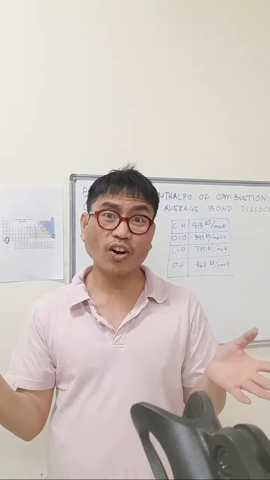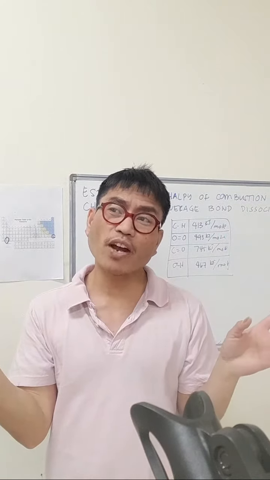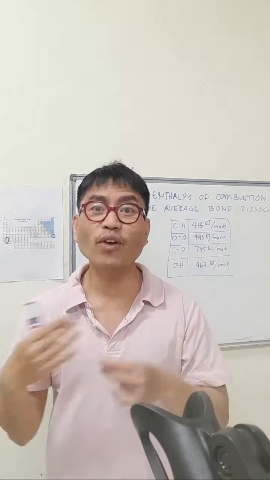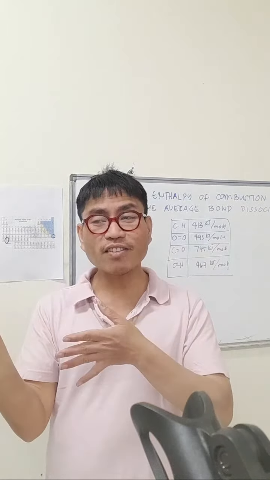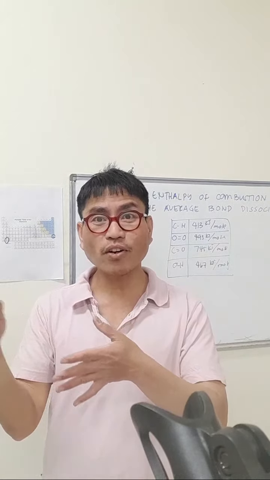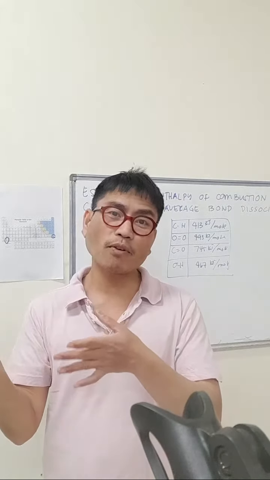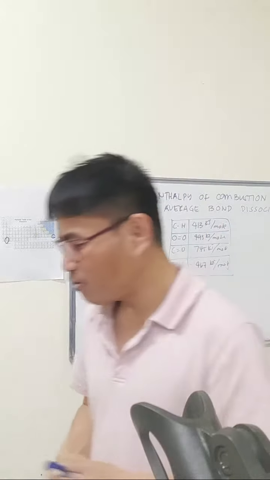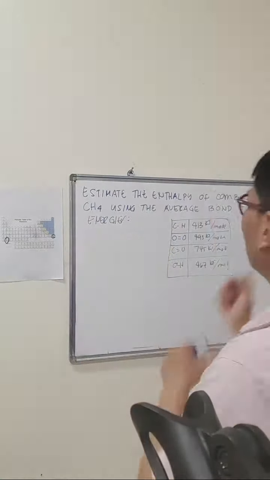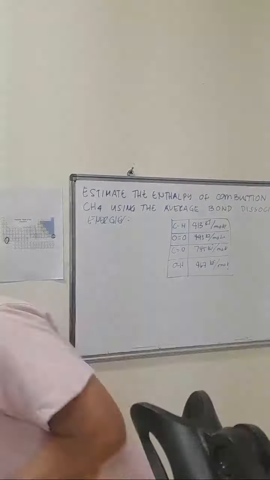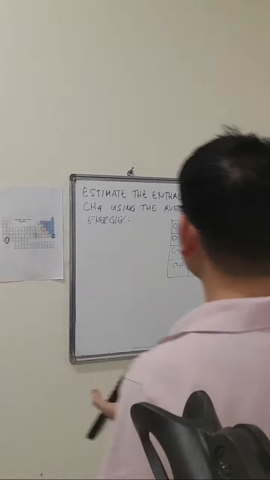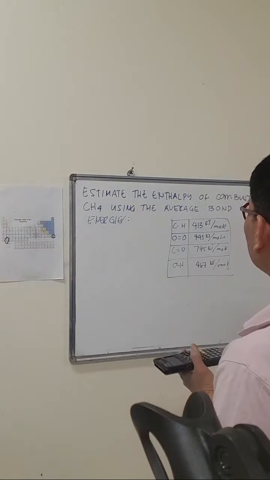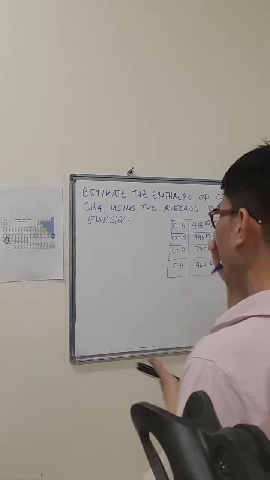The regular enthalpy change of reaction is different from the formation, because it is the enthalpy change of formation of the products minus the enthalpy change of formation of the reactants. It's really the reverse, guys. Remember that.